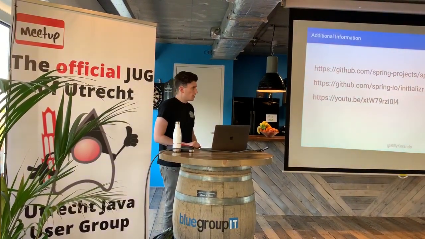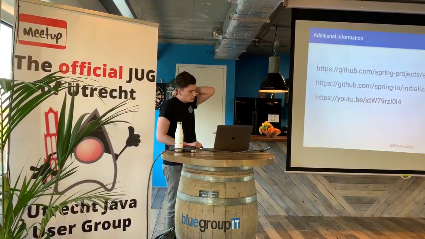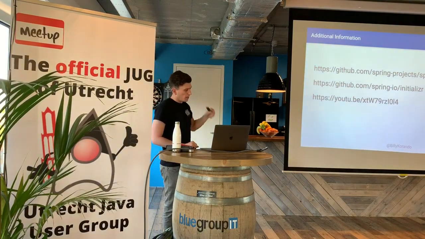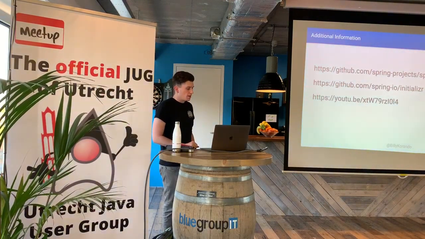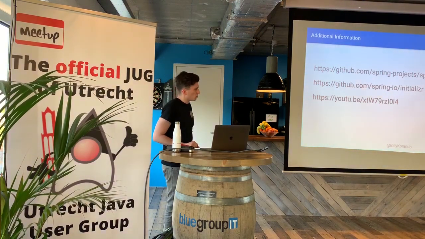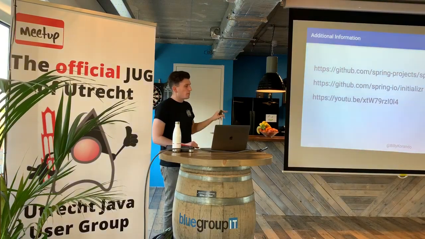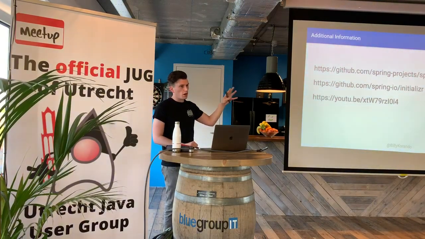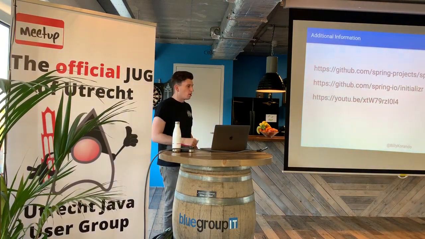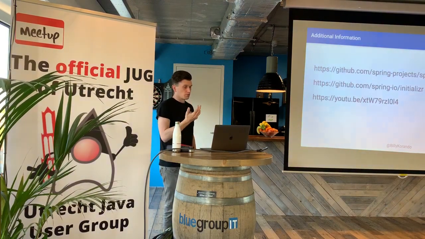Also check out the Spring Starter Initializer project. And on the Wizard application, I'm still working on a good code example for that. But check out that YouTube link. A couple of years ago, a couple of developers from a grocery chain in the US called Kroger were talking about how they were putting together a Wizard application that steps you through things. The Spring Initializer project also has a bunch of RESTful APIs.